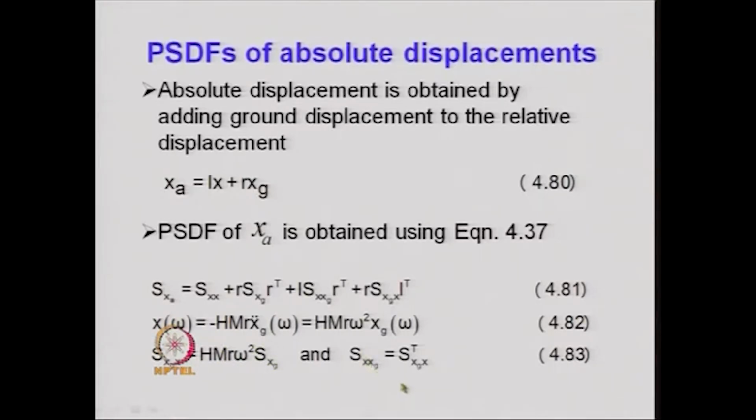And this Sxgx is the complex conjugate transpose of this. If this matrix is a complex matrix, then there will be a star and a transpose over here, and if it is a real quantity, then the star does not come into the picture, it is simply a transpose of that.